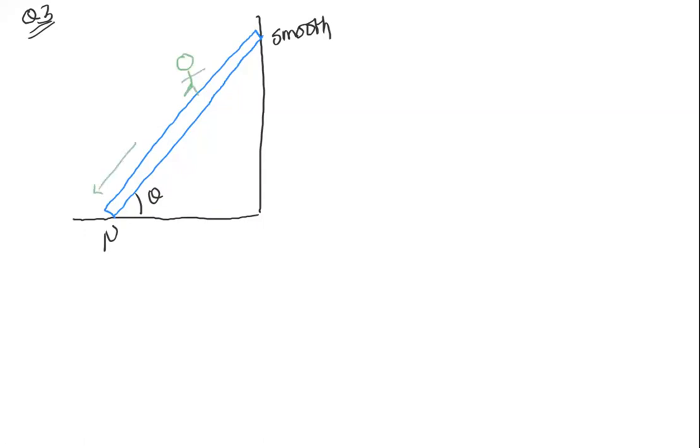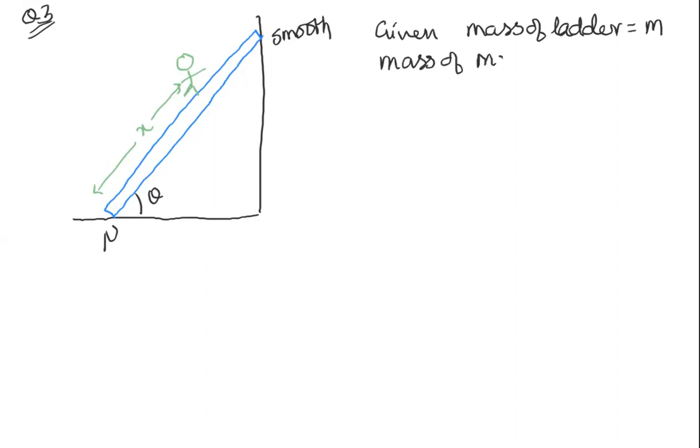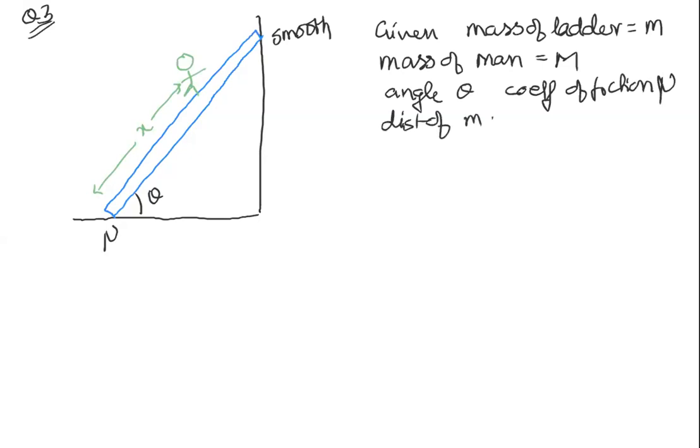So now a man is climbing the ladder. So given: mass of ladder equal to m, mass of man equal to capital M, angle theta, coefficient of friction mu, and distance of man x, and x if the ladder slips, rather just slips at this point.